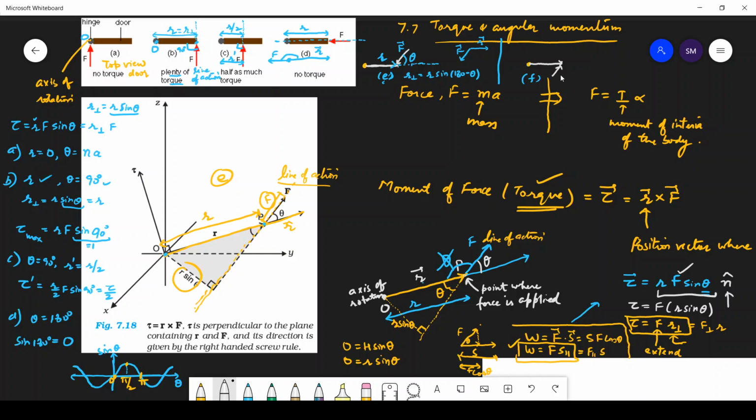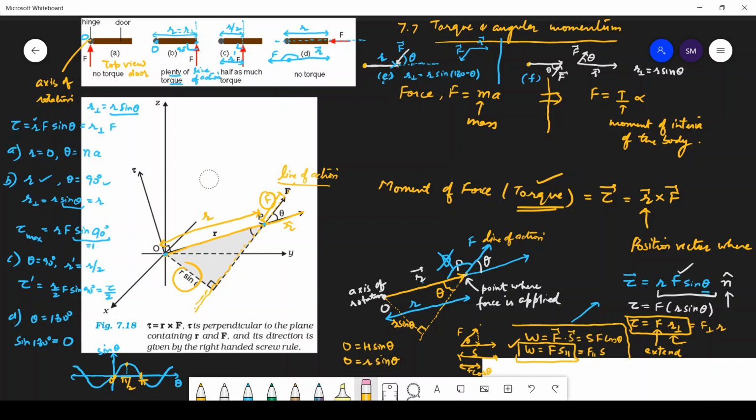Okay, so this is the force you are applying. So now if you are taking this angle as theta, is it going to matter? This is your R and this is your F. So this angle and this angle is the same. So here the R perpendicular is R sine theta. This case is your NCERT. So this is case F.